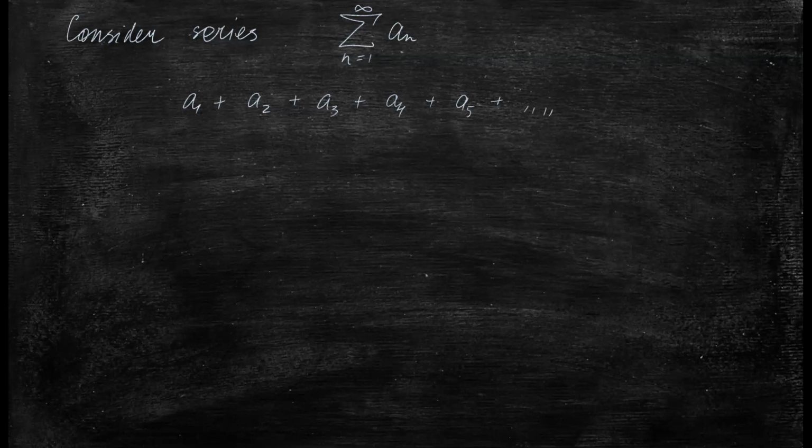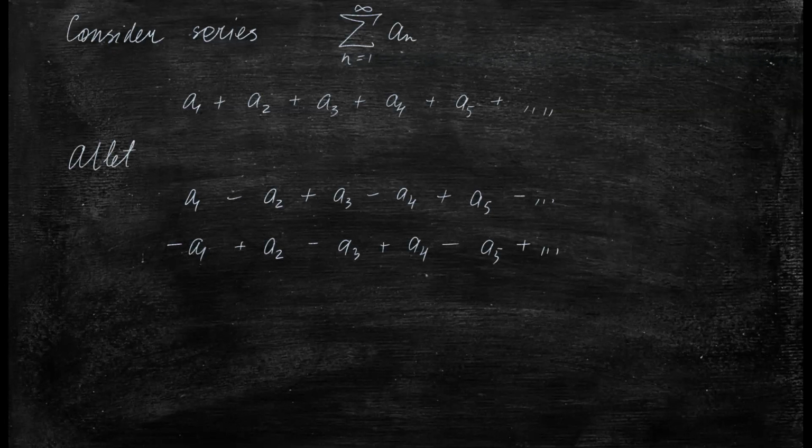Now, if we decide to change every other sign from plus to minus, and of course there are two ways of doing it, we can start with the second term, or we can start with the first term. Well, either one of these changes will create what we call an alternating series.